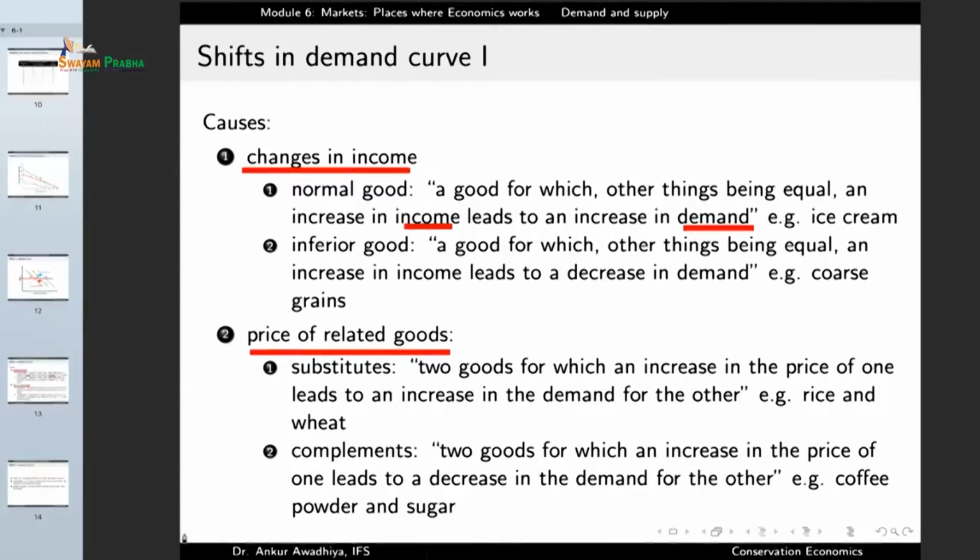Now that you are drinking less coffee, you will demand less quantity of sugar. So, an increase in the price of coffee is leading to a decrease in the demand for sugar because coffee powder and sugar are complements. So, a change in the price of related goods will lead to a shift in the demand curve.